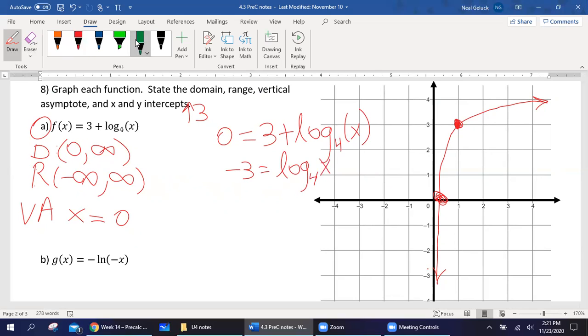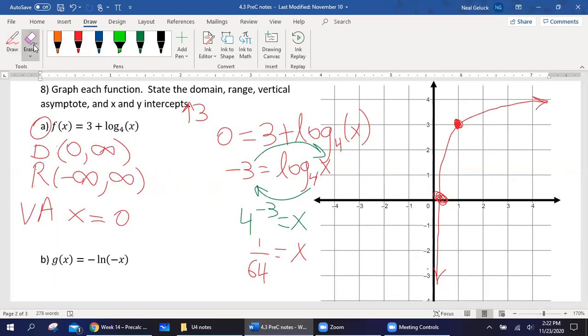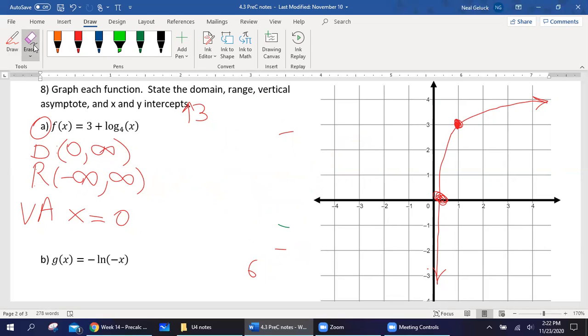Now, if I do loop-de-loop on this, 4 to the negative third equals x. And so x is 1 over 64. So my x-intercept is 1 over 64, comma 0.